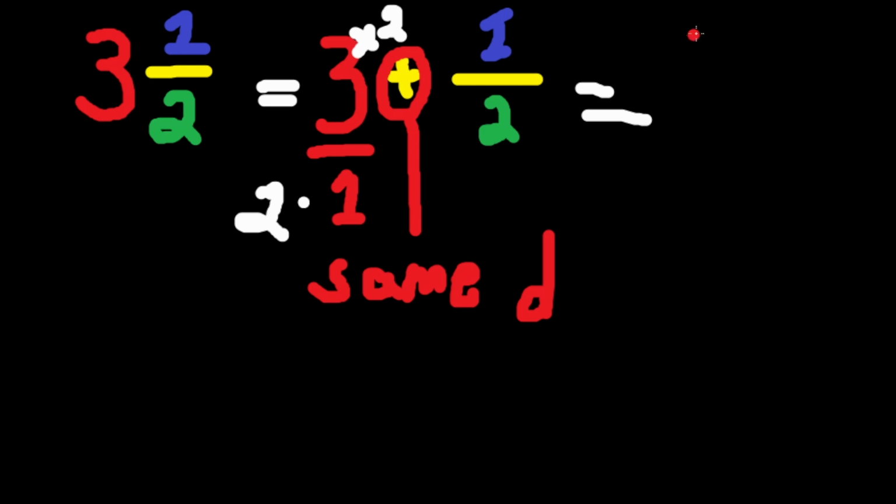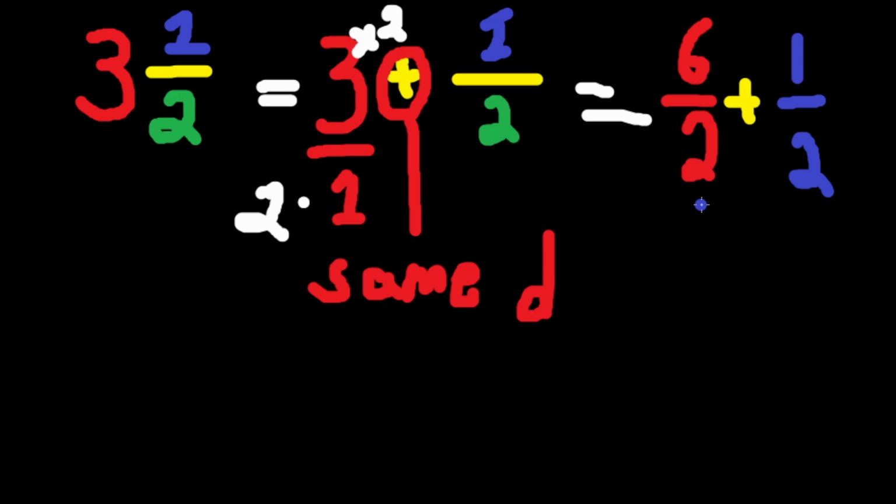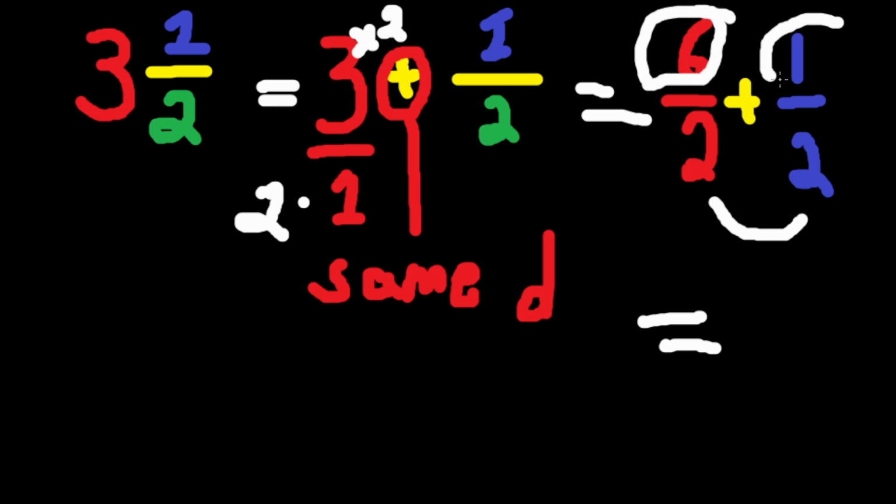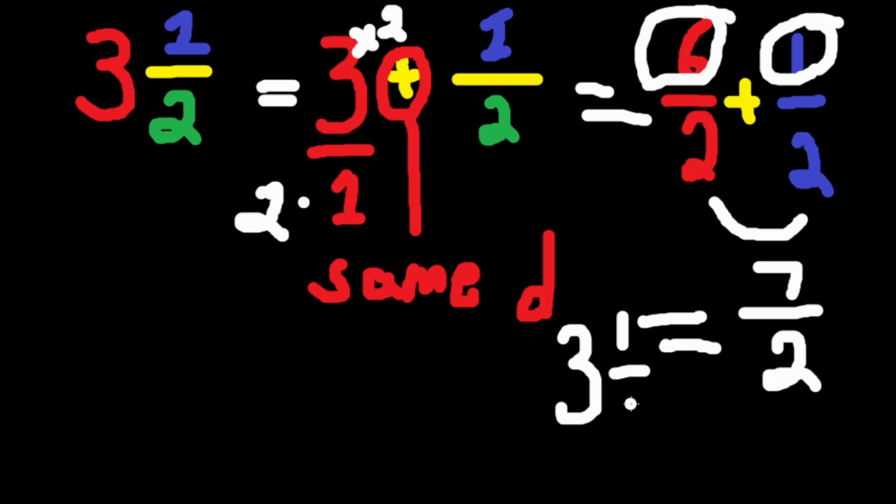And this just becomes the new 6/2 plus the original 1/2. And since they have the same denominator, we just have to add these two top numbers, which brings us to an answer of 7/2, which means this is actually the same as 3 and 1/2, our original equation.